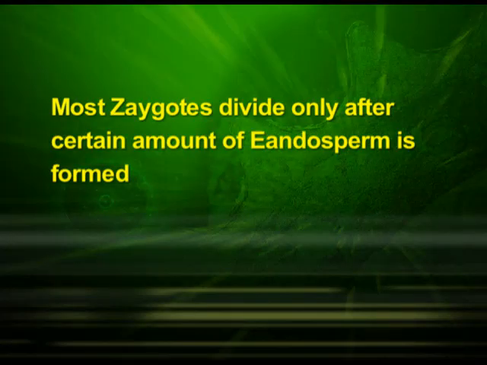Now, let us discuss the embryo. Embryo develops at the micropylar end of the embryo sac, where the zygote is situated. Most zygotes divide only after certain amount of endosperm is formed. This is an adaptation to provide assured nutrition to the developing embryo.